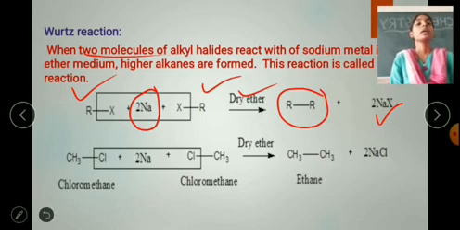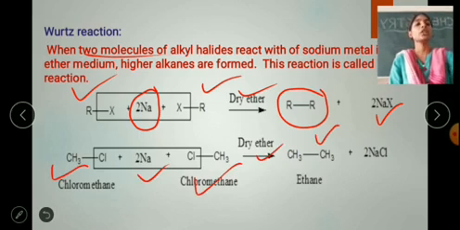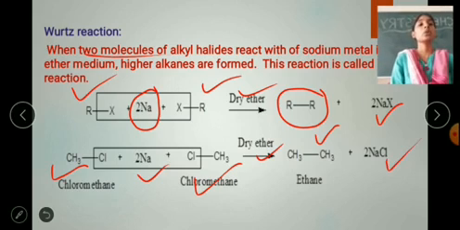Here is one example: chloromethane is treated with sodium in the presence of dry ether medium. Ethane is formed, a higher alkane, along with sodium chloride. So these are the different reactions involved in nucleophilic substitution reactions.